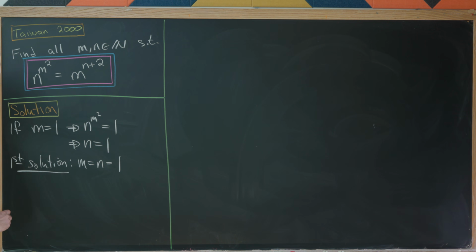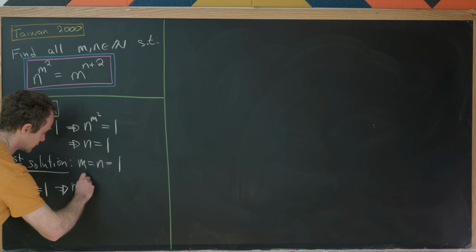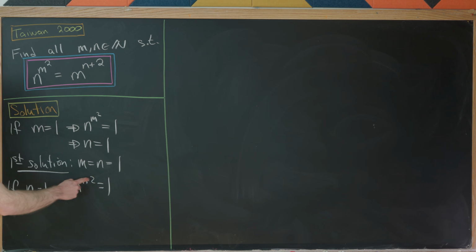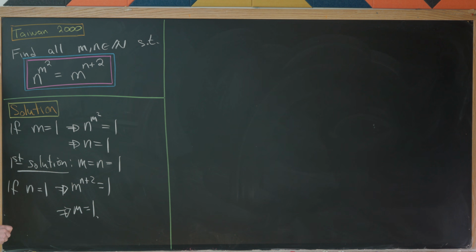Okay, now let's maybe dually notice that if n is equal to 1, then the entire left-hand side is equal to 1, which means the right-hand side is also equal to 1. So we have m to the n plus 2 is 1. But again, since we're working over natural numbers, we get that m is also 1.